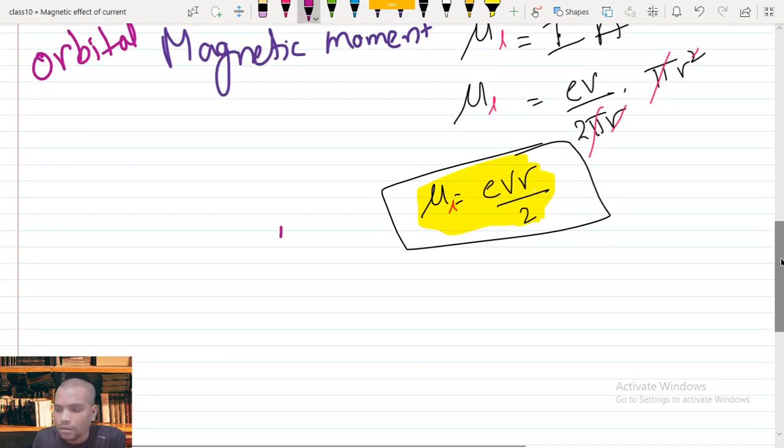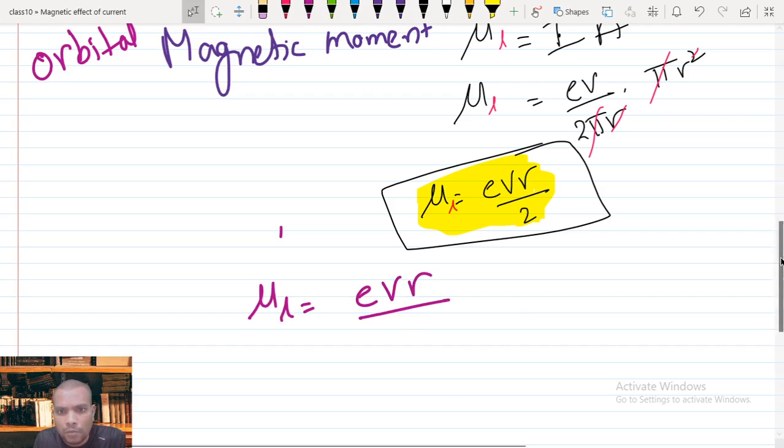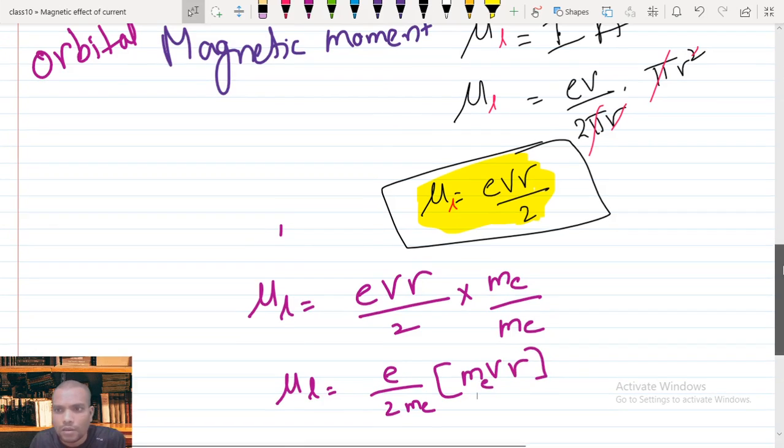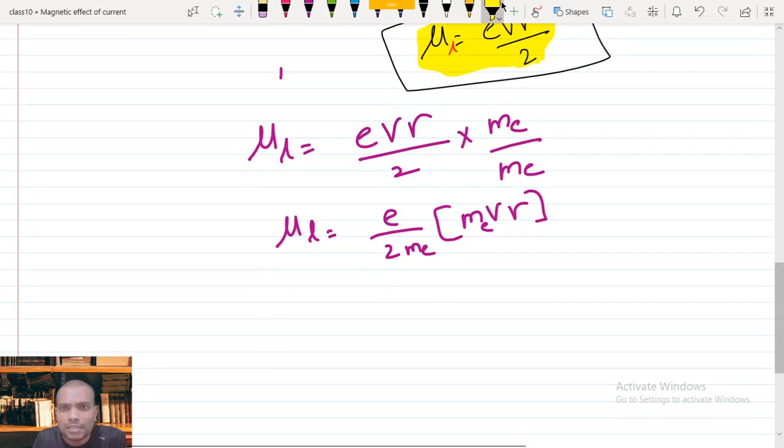If we make a little change in the orbital magnetic moment mu L equals eVr upon 2, and multiply and divide by the mass of the electron, the expression changes to mu suffix L equals e upon 2 me times mvr. Here me is the mass of the electron, and mvr is nothing but angular momentum.